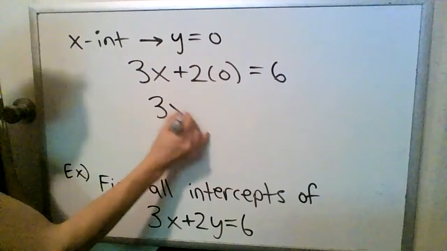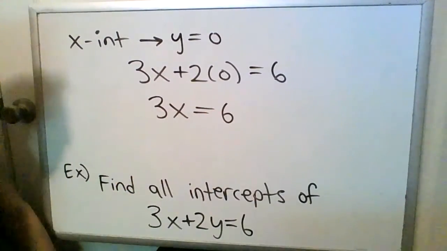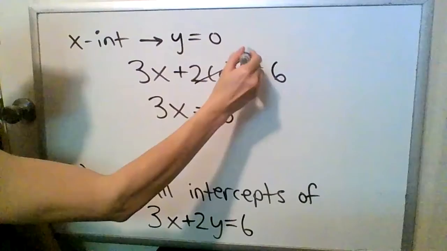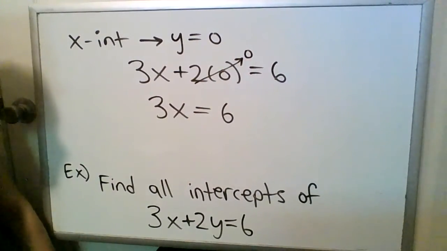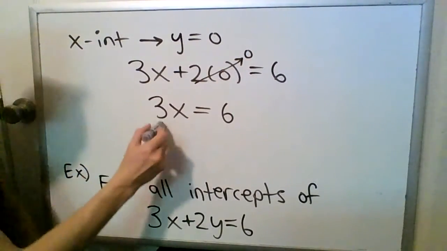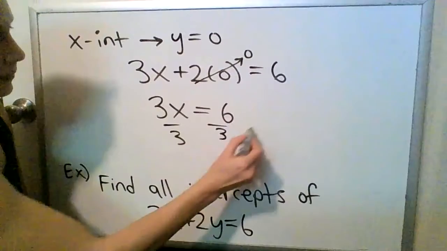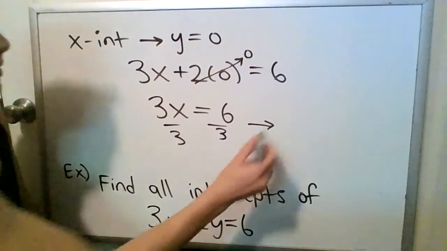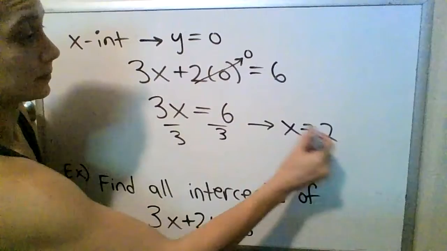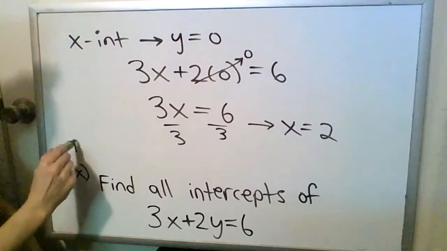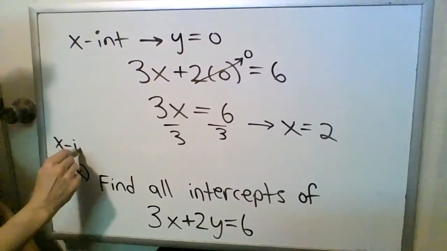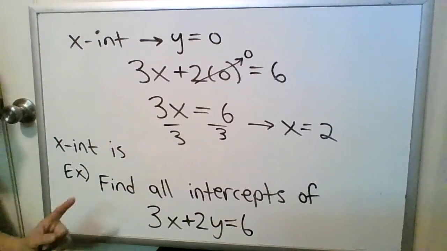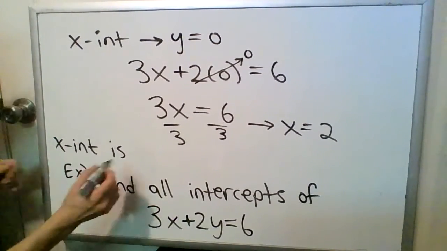That would be 3x equals 6. Divide both sides by 3. I have x equal to 2. The x-intercept is (2, 0).